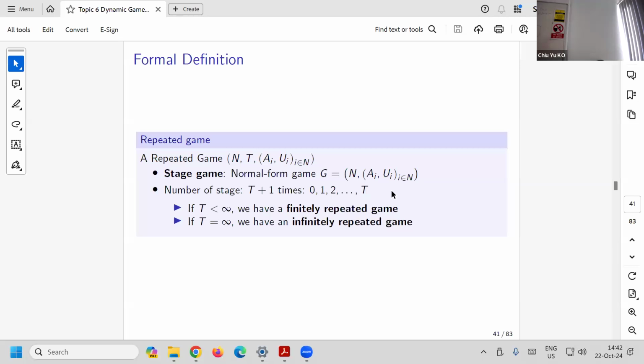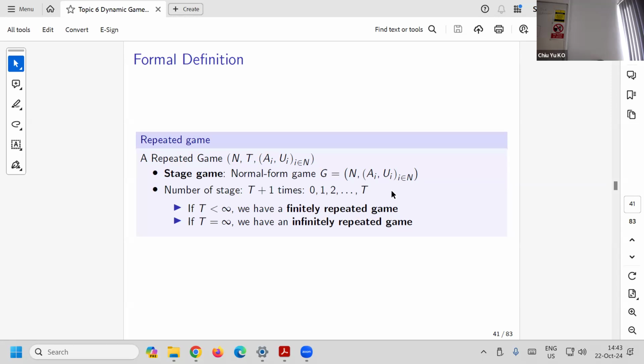One of the things you might think is, why don't we just solve for finite T and take T to infinity, will it be done? In general, they are not the same thing. Usually when T goes to infinity, the set of equilibria also usually expands a lot.